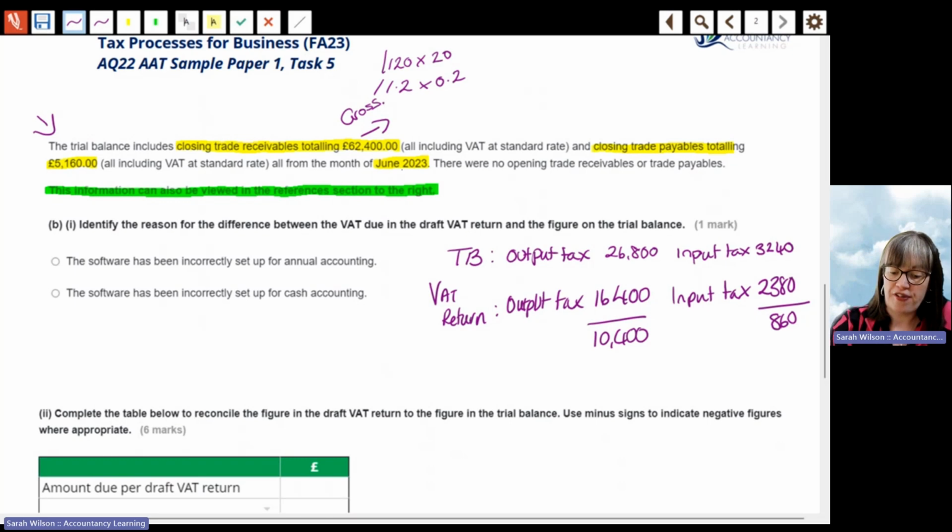When you work out the VAT on that, you end up with 10,400 VAT. And the same here for your trade payables figure.